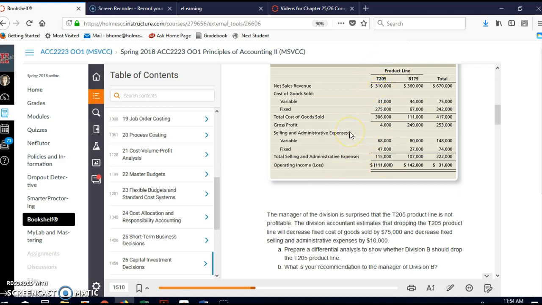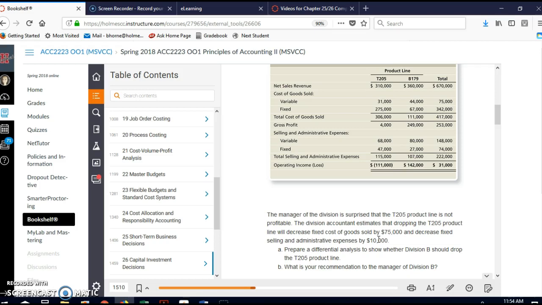We're saving variable cost of 99 and we're saving fixed of 85, and I can go ahead and tell you that the 99 and 85 cost we're going to save is a lot less than the revenue that we're going to lose. So I can tell you that your answer should say that we can't drop this product.